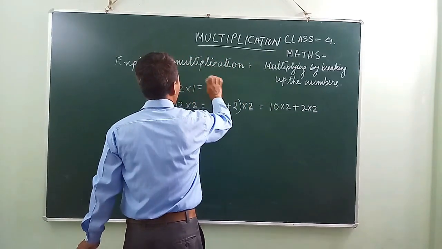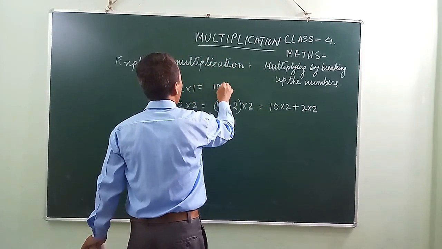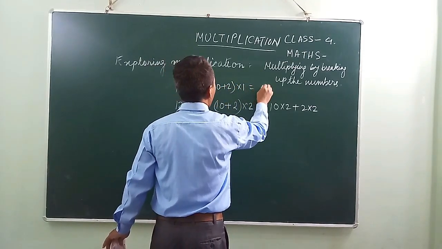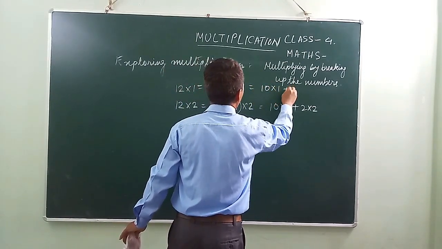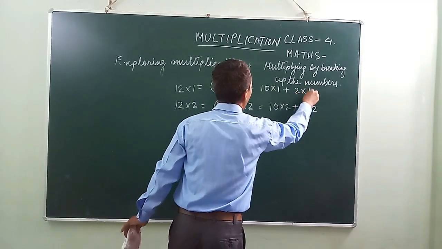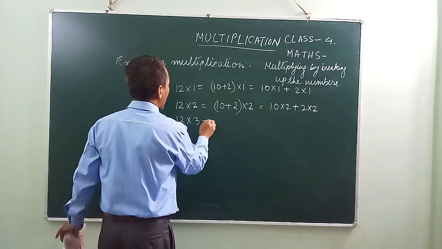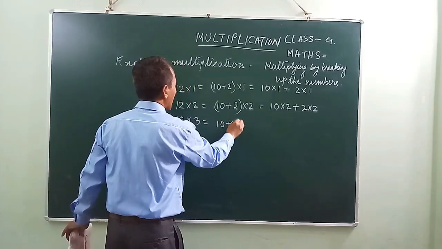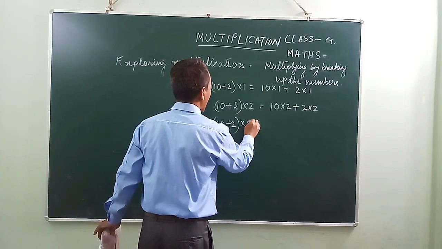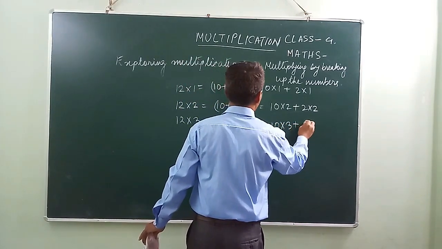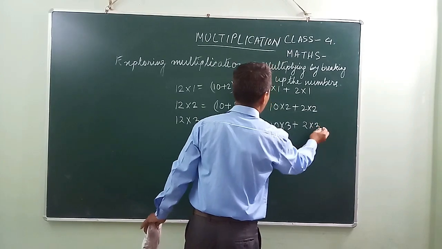Here 10 plus 2 into 1 is equal to 10 into 1 plus 2 into 1. So here 12 into 3 is 10 plus 2 into 3 is 10 into 3 plus 2 into 3.